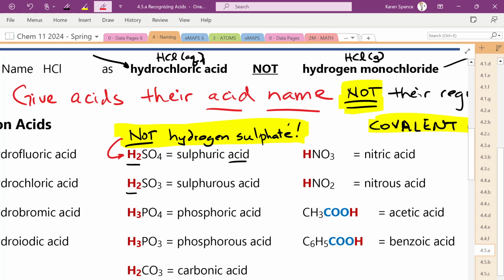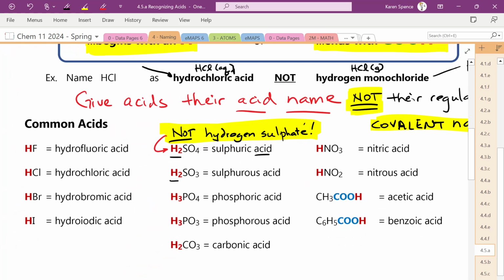Instead of hydrogen sulfate, you're going to call it sulfuric acid. H2SO3, you'll call it sulfurous acid. H3PO4, phosphoric acid. H3PO3, phosphorus acid. Carbonic acid. There's a whole bunch of other ones here.